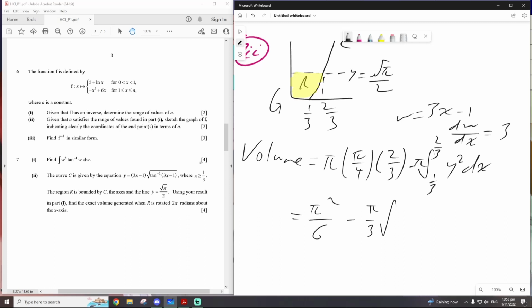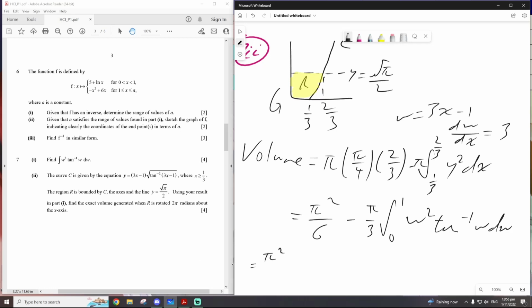Pi, okay, integrate and change the limits. So 3x minus 1, at x equals 1/3 is 0, and then 2/3 will be 1. And then we're going to find the integral of w squared tangent inverse w dw, which we happen to already know how to integrate.